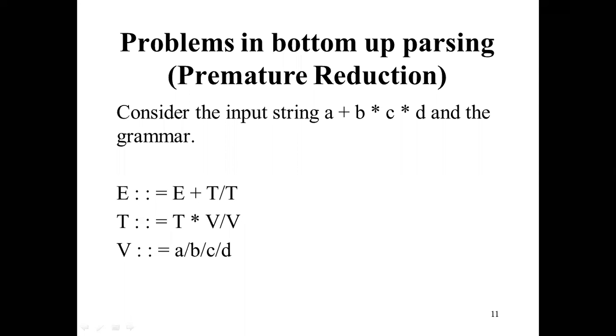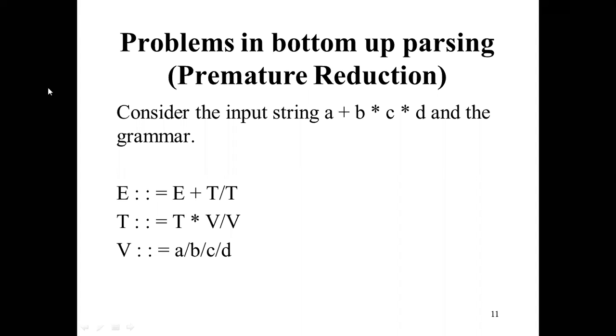We can write T in place of this V, because we are going from bottom side to top side. We are moving from bottom side to top side. Now you can see we can replace this V by capital T.